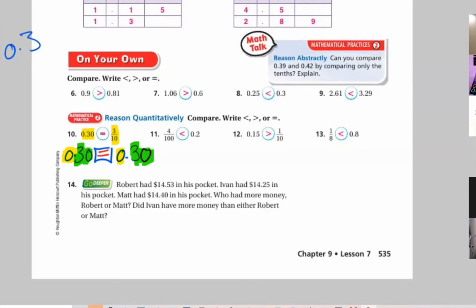Muhammad Falah. Yes. Okay, Muhammad, the next one, number 11. Okay, as you see here, we have a problem: 4/100 and 0.2. So you have to convert 4/100 to become a decimal. How can we write it in decimal form?